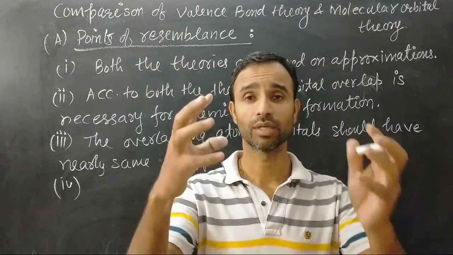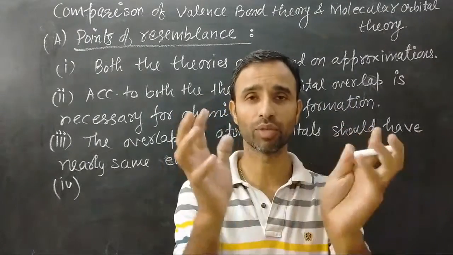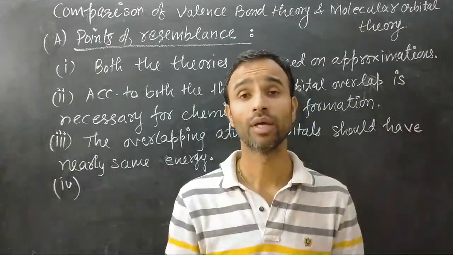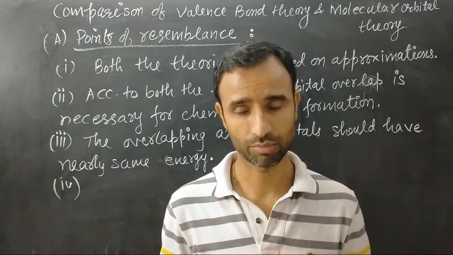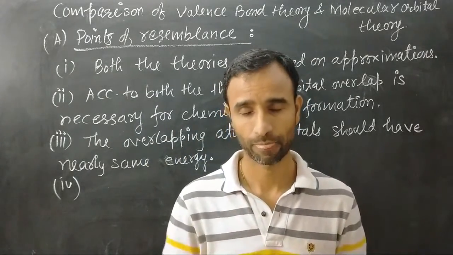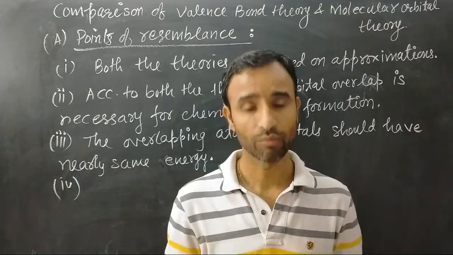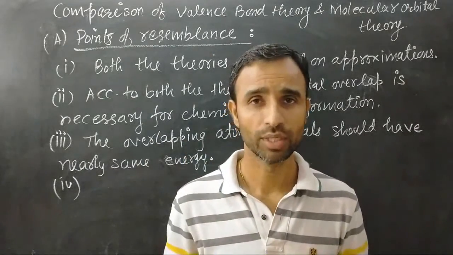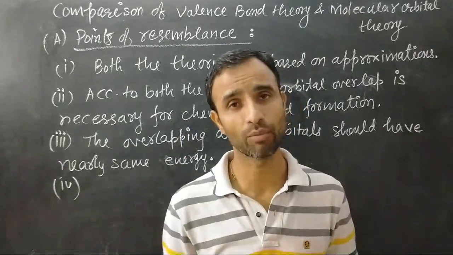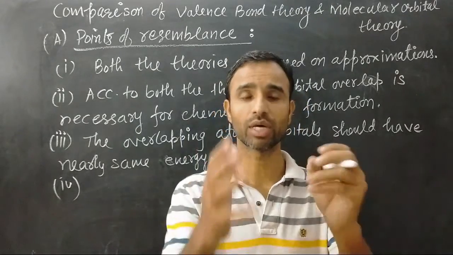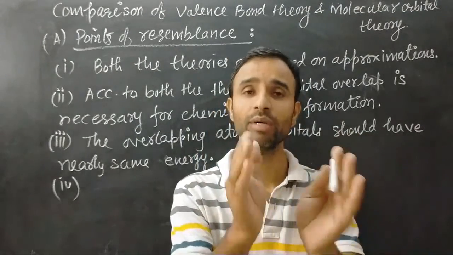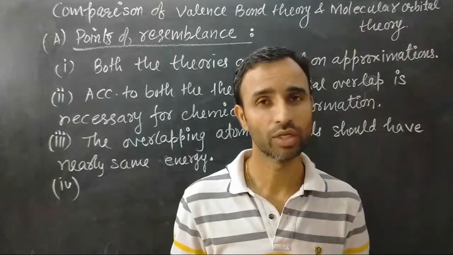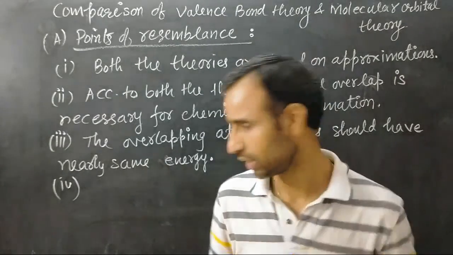There is electron density between the nuclei. Okay, and even in molecular orbital theory, when atoms combine and bonding molecular orbital is formed, and which is in favor of chemical bond formation, then there is an increase in electron density between the bonded nuclei. Right?